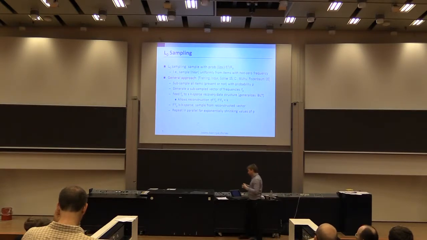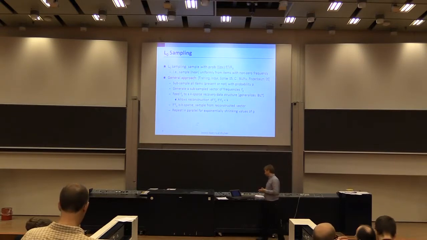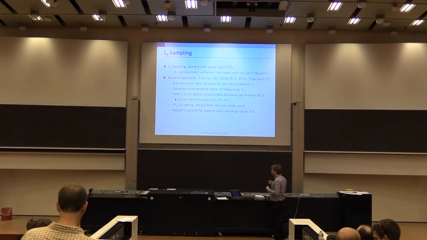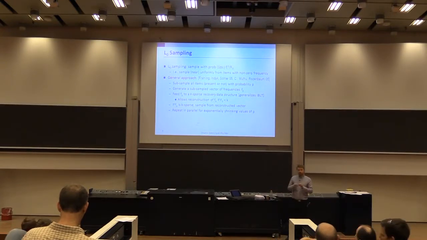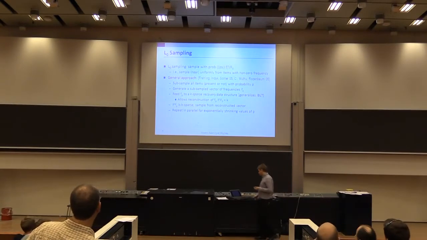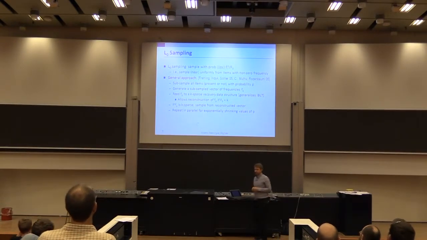So the difficulty is I don't know whether I'm going to be in a situation where I have a very small number of elements surviving, or a very large number surviving, or something in between. So, like a good computer scientist, I'll just make all possible guesses simultaneously and see which ones work out. What I mean is, I'll pick some probability p and use this p to subsample, almost like filter, the items that I see.